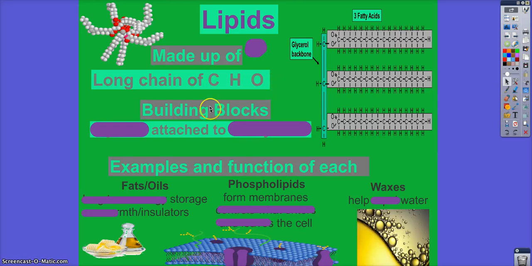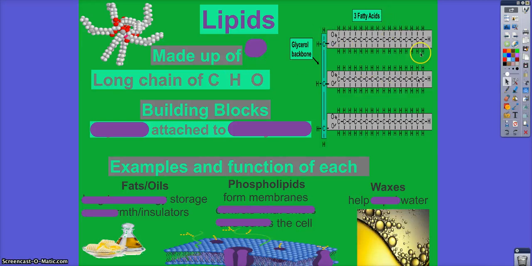Now, another difference is their building blocks. If you look at this molecule, this is a molecule of a lipid. And every lipid is made up of this exact similar structure or combinations of them. So what do you think are the building blocks of lipids by looking at that picture? Carbon? Not carbon. We know it's made up of carbon. Oxygen?